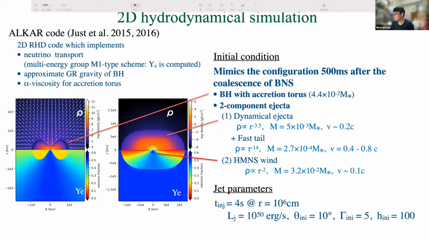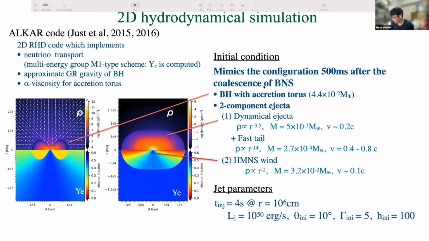In this simulation, the hydrodynamical setup is quite different from that of the long GRB simulations. Here we conduct a simulation starting from the vicinity of the black hole torus system in an environment which mimics the configuration after the binary neutron star merger. Here, it is assumed that the black hole is formed 500 milliseconds after the coalescence of binary neutron stars.